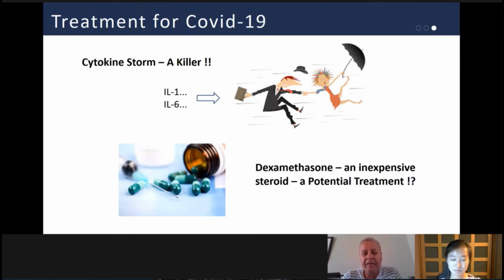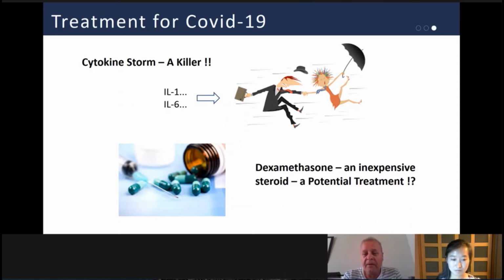And in this disease, it's in particular IL-1 and IL-6 and a couple of other cytokines that are overproduced. And this can lead to a complete overreaction of the immune system. What the people in Oxford have recently found is that a rather common medicine called a steroid, like dexamethasone, can actually be a great help to the very ill patients in intensive care.